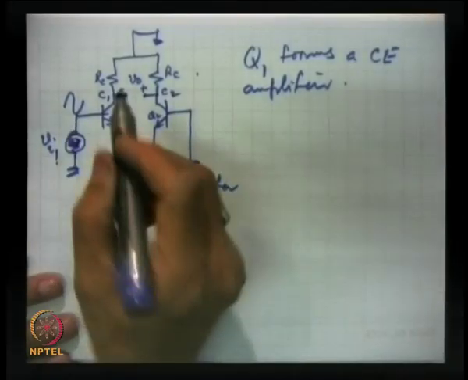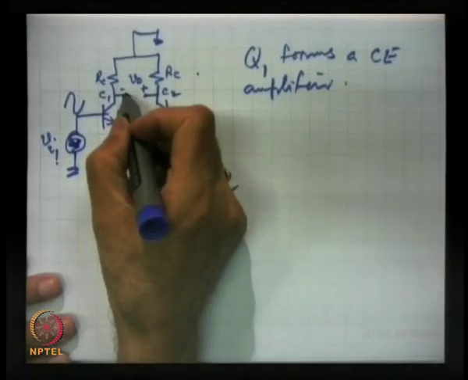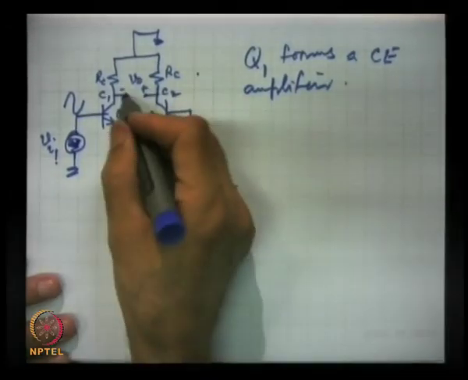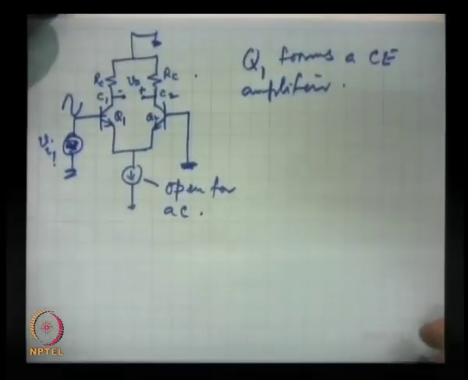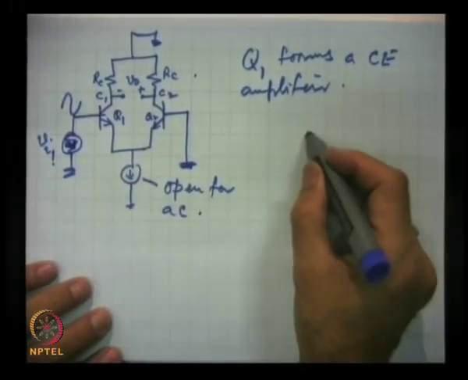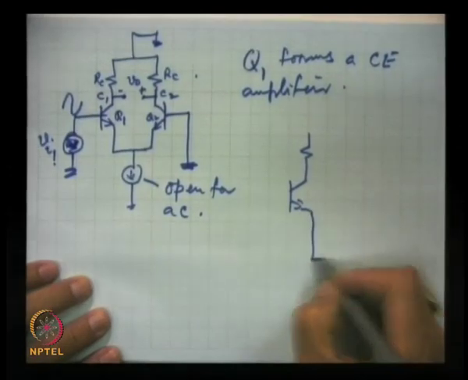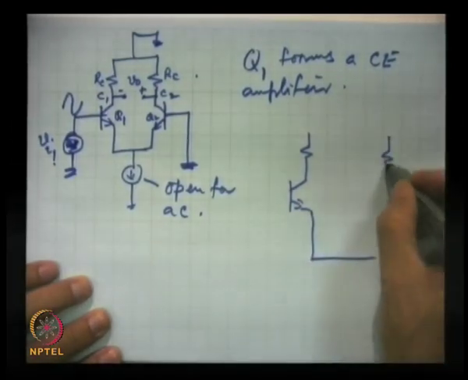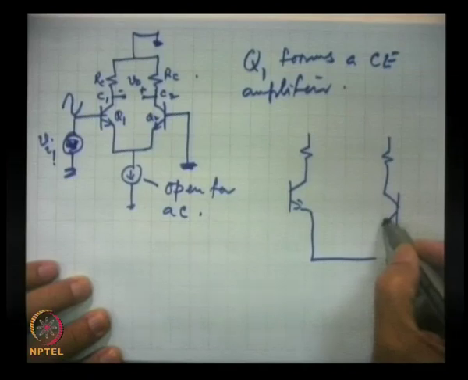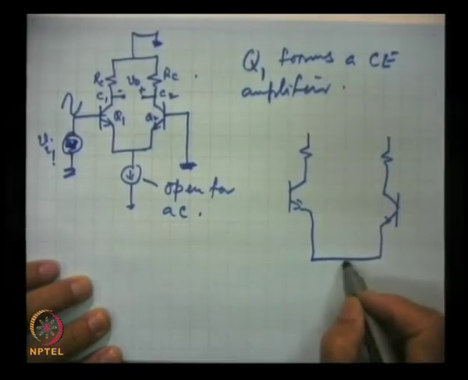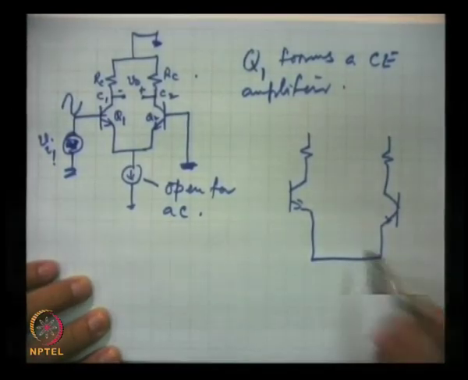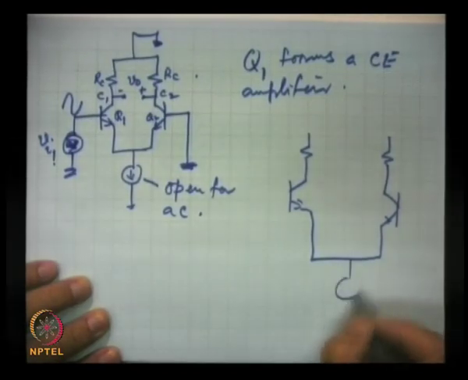So, the amplified output will appear at the collector, and here this will be better. Out of this I make a bigger figure. This is open, so we need not show it.